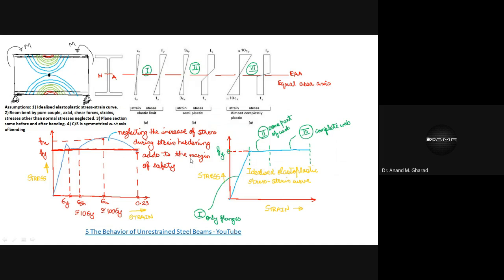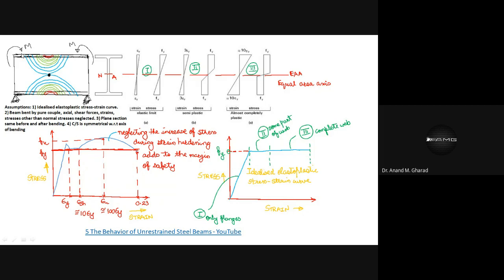That means the utility of that material or the capacity of the material is now getting explored after Fy value, after the yield stress value. And you will expect that for the second condition, some portion of the web will take the stress. And that stress value will be taken not only on the compression side, but also on the tension side as well.